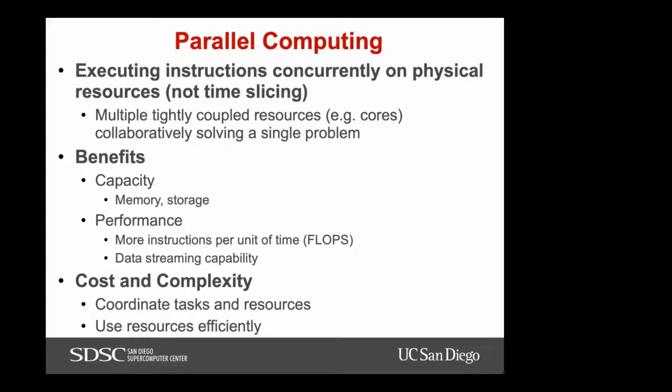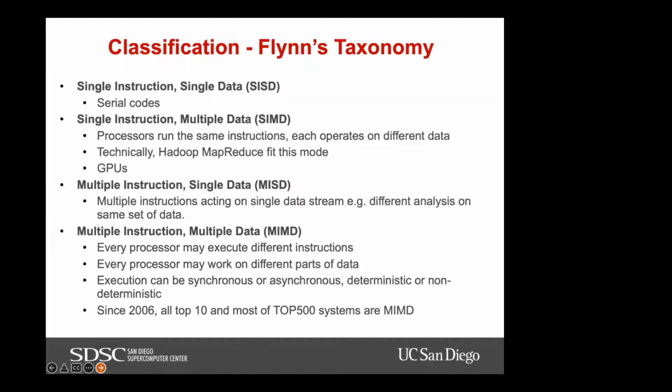But there's a cost to that. You have to coordinate all the tasks and resources and also be able to use them efficiently, right? So if you scale out to a lot of nodes and then they're all waiting on each other and you're spending more time waiting than computing, then that's a problem. So all kinds of considerations.